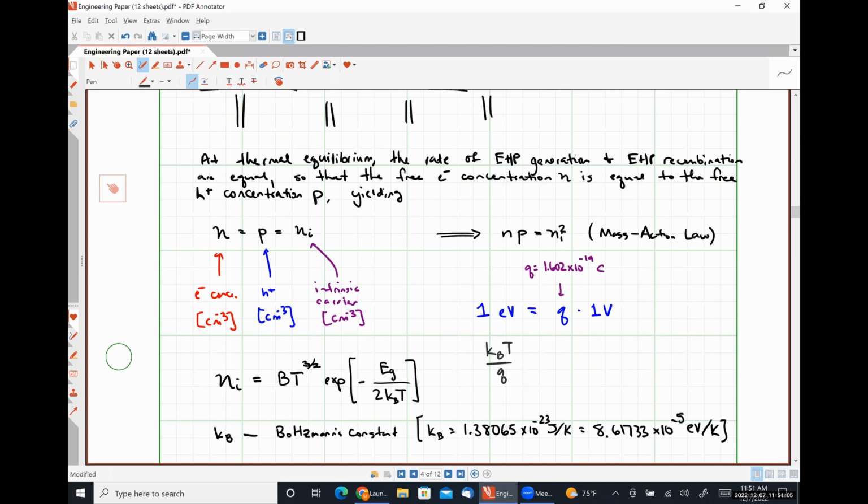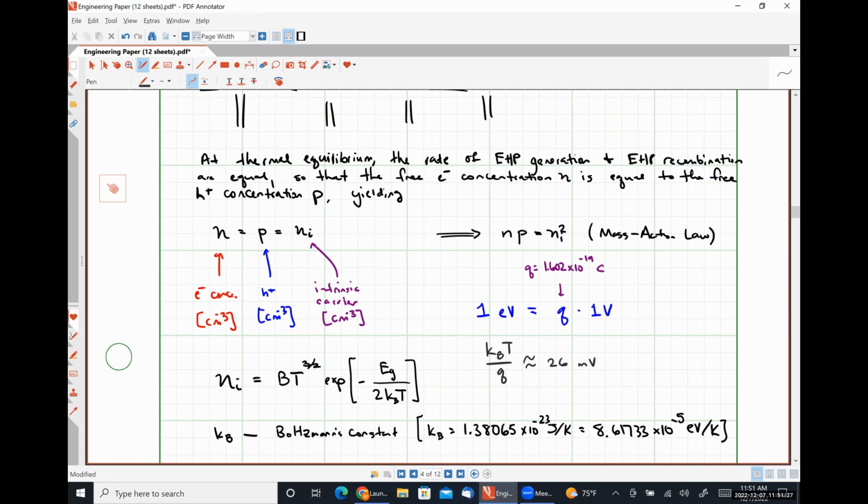And then we scale it by temperature. So kBT over Q is going to wind up being something close to 26 millivolts is what we're going to use.